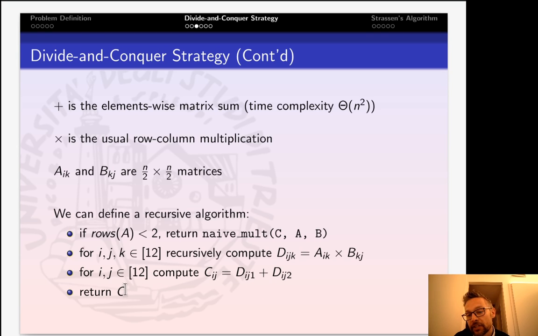Once we have computed all the blocks belonging to C, which is the matrix multiplication between A and B, at the end we can return the result. This is just a sketch of the algorithm. I don't want to detail more than this, just to give you an intuition of what's going on here.